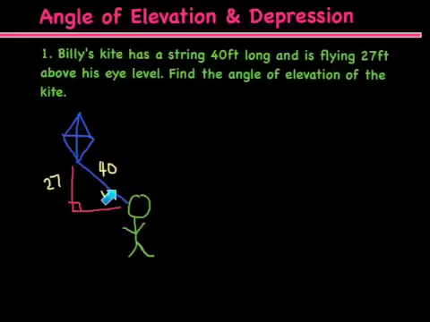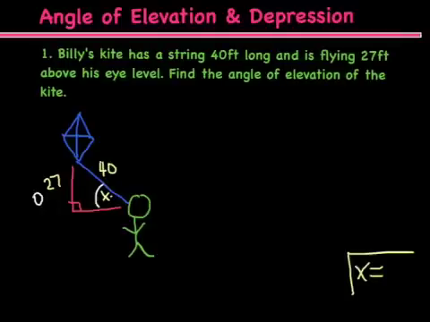Do you remember how to solve this type of problem? We're going to be looking for angle x, so let me put a spot for my answer. X equals. Okay, we're going to have to use trigonometry. So let me label my sides for my angle. 27 would be our opposite side, and 40 is our hypotenuse.